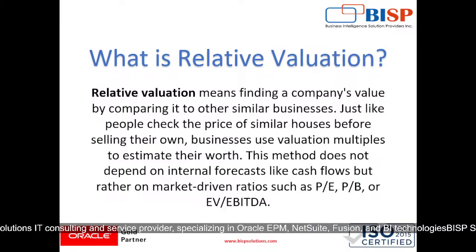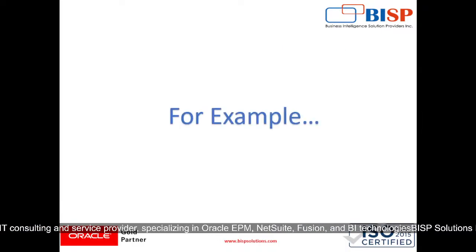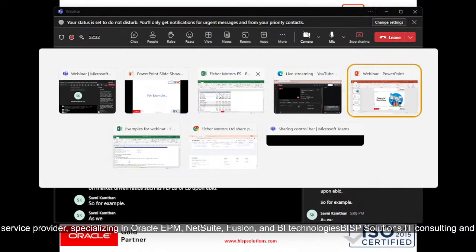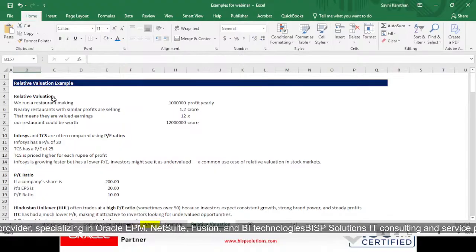This method does not depend on internal forecasts like cash flows, but rather on market-driven ratios such as PE, PB, or EV upon EBITDA. For example, as we have understood, in relative valuation, suppose we are running a restaurant which makes a profit of 10 lakh rupees yearly, and nearby restaurants with similar profits are selling their businesses for 1.2 crore, which means they are valuing their business at 12x their profit, right?